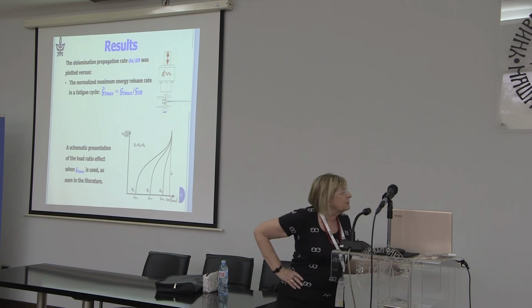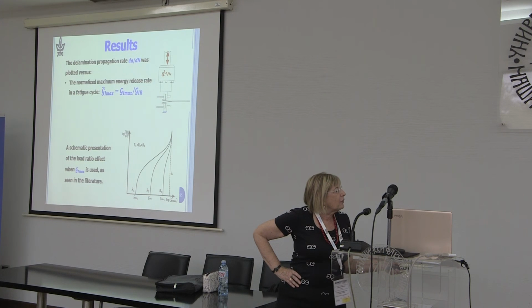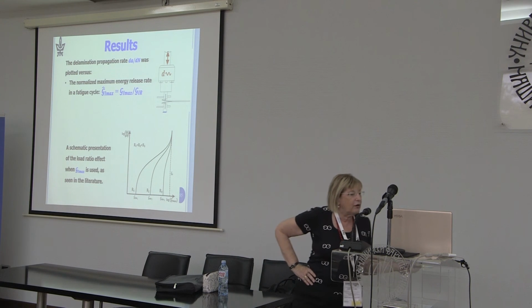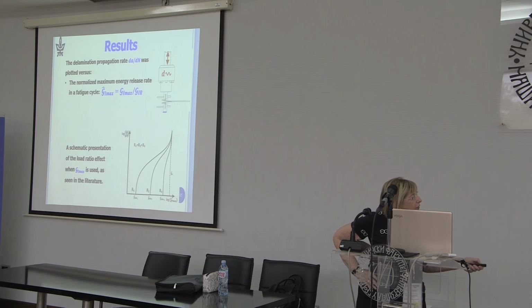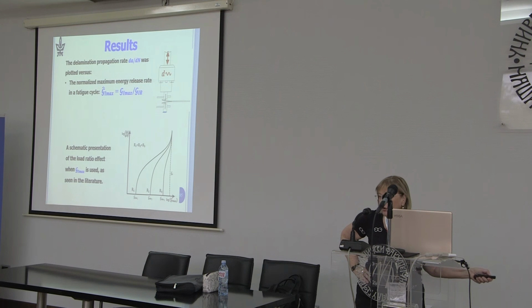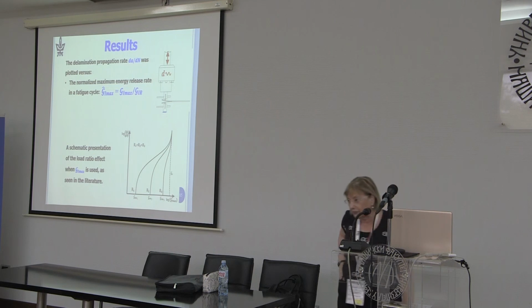Schematically, as R increases, the slope in the Paris region increases, and you can see the various thresholds for the different R ratios, and they're all going up to this asymptote, theoretically, to G1R or G1C. So the answer to your question is yes, indeed.